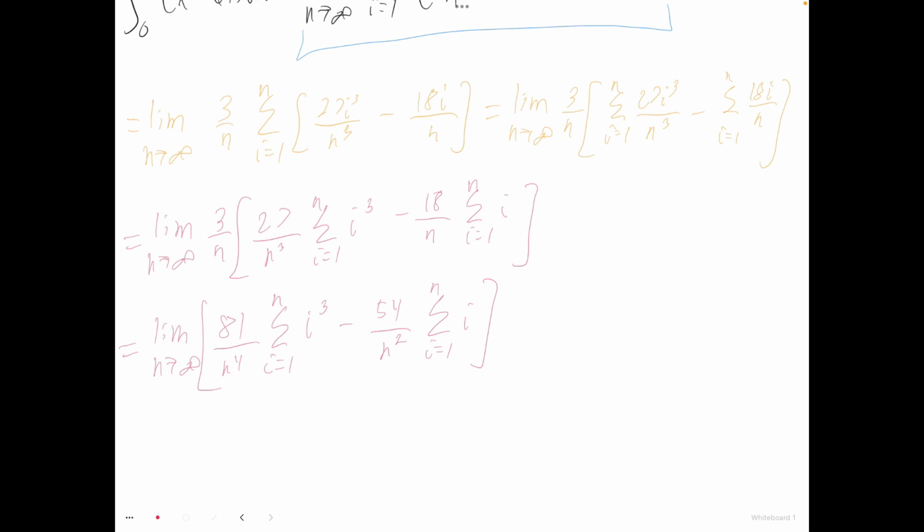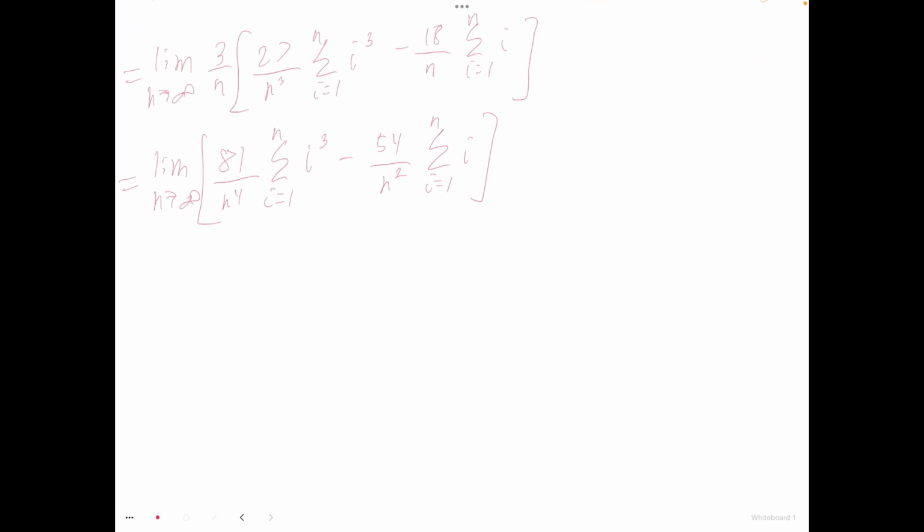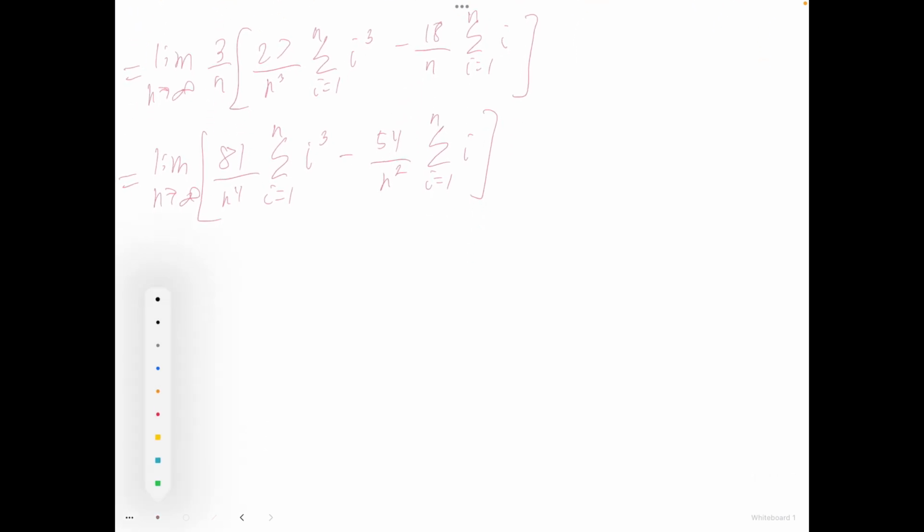And now we're going to use our formulas that we have for summations. Again, you can find these in the sigma notation video. I'm just going to write them down here. The sum from i equals 1 to n of i cubed is n times n plus 1 over 2, squared. The sum from i equals 1 to n of i is n times n plus 1 over 2.